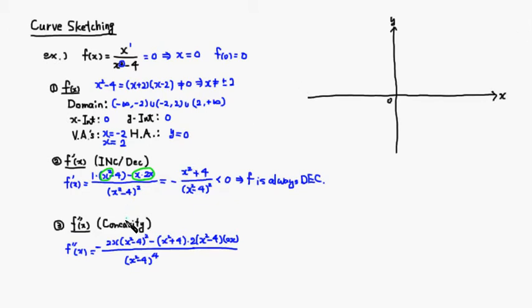So we have 2x here, and there's 2x there, so we can pull that out. Let's say there's a negative sign in front, and then you have 2x, so I factor 2x out.